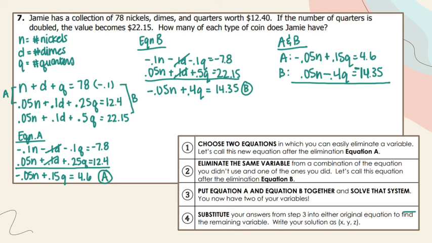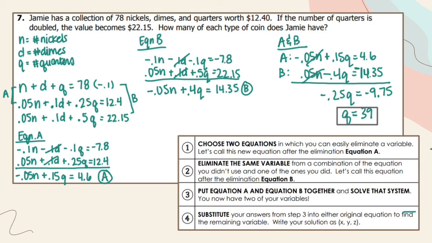So we just multiplied everything by -1, and our n's cancel. 0.15 plus -0.4 equals -0.25q equals 4.6 minus 14.35 equals -9.75. Then whenever we divide that, we're going to get that the quarters there are 39 of them.